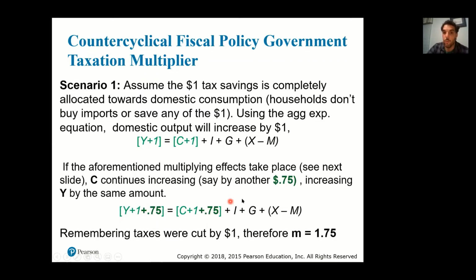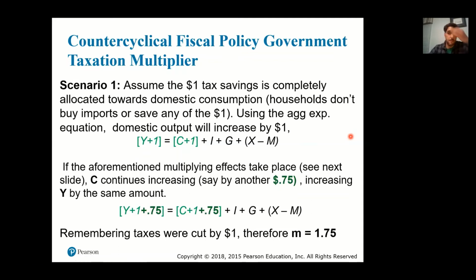So we saw a $1 tax cut leading to a $1.75 increase in output, meaning the value of the tax multiplier is going to be equal to 1.75. However, this made some large assumptions about how that additional dollar is spent.